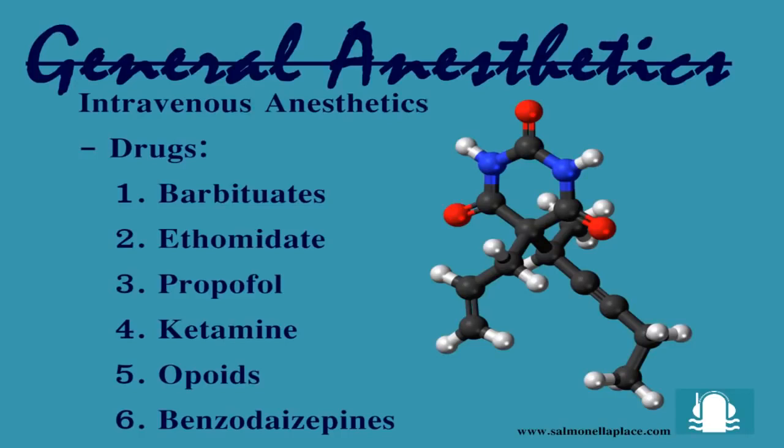So intravenous anesthetics potentiate GABA and produce central nervous system depression. The MAC, or minimum alveolar concentration, is low in these anesthetics, and this is equivalent to the low concentration of a drug used in the anesthesia. This is because of their high lipophilicity, and that makes them very potent.